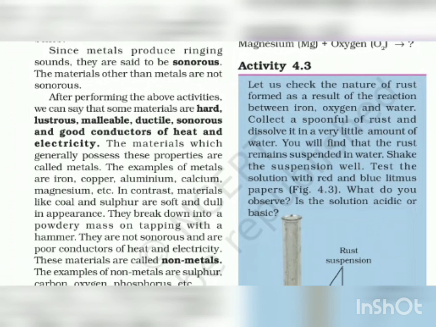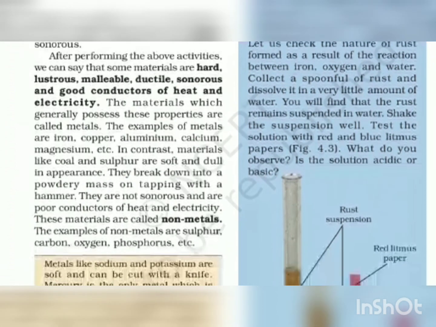They are sonorous, they make a ringing noise, and they are good conductors of heat and electricity. The metals which generally possess these properties are called metals, and examples of metals are iron, copper, aluminum, calcium, magnesium, etc.